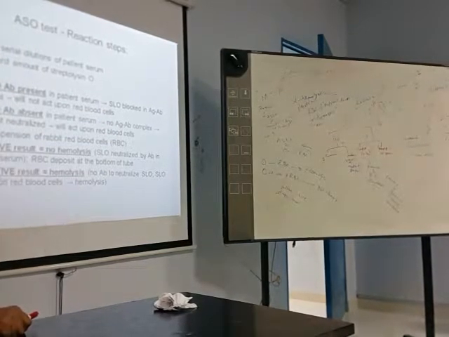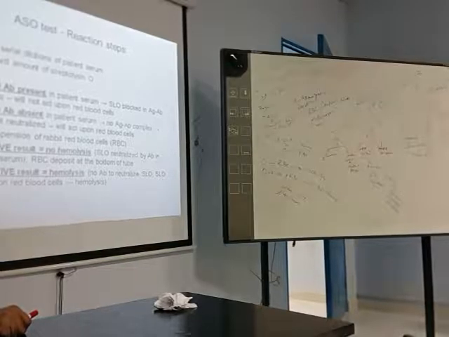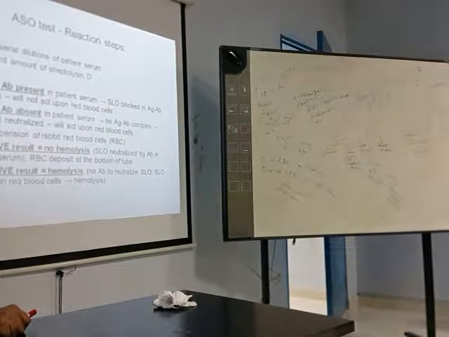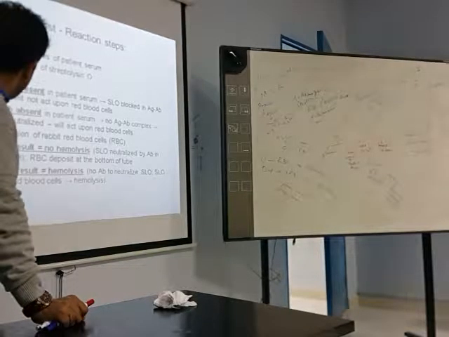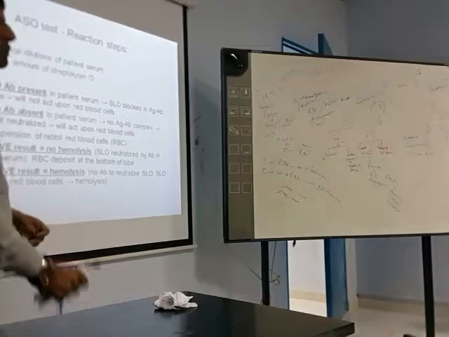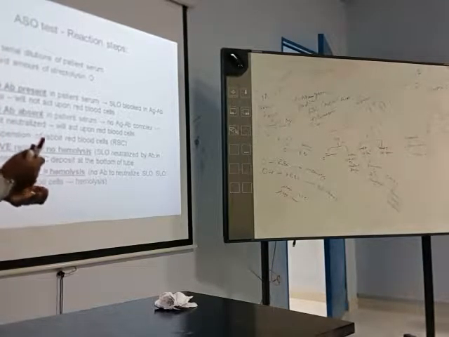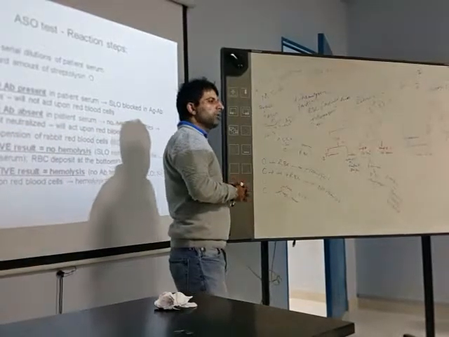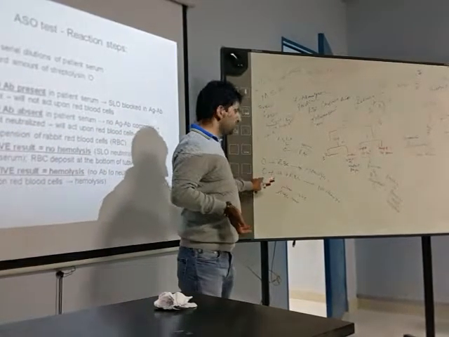If reading is 200 units, this means recent infection. If not, then it means past infection. Negative result means hemolysis, no antibody to neutralize SLO. Finally, we are looking for the antibody. ASLO test means we are looking for the antibody. Fine.